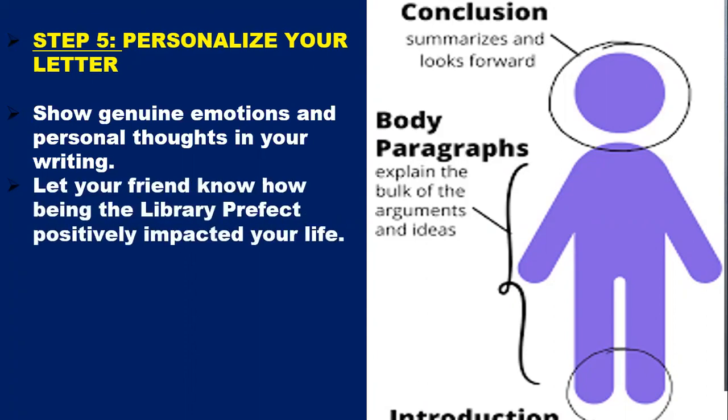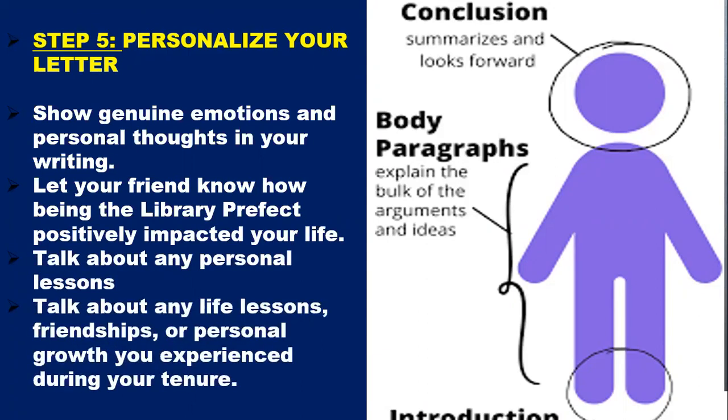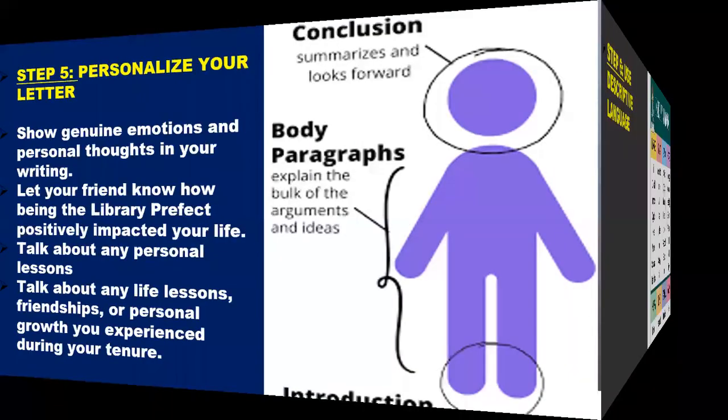Now, let your friend know how being the library prefect positively impacted your life. And then talk about any life lessons, friendships, or personal growth you experienced during your tenure.